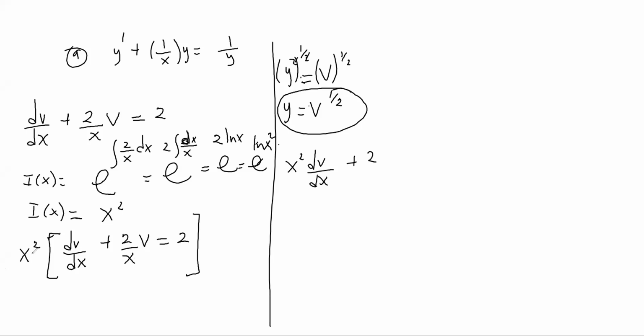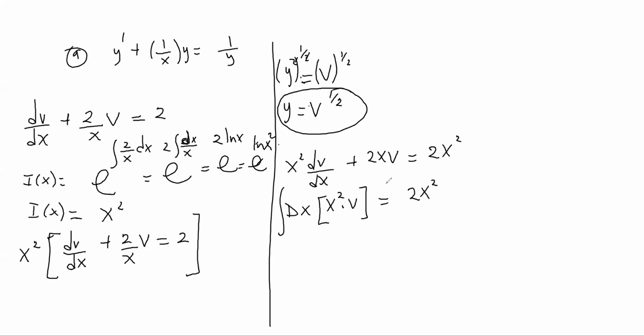So I will have 2x v will be equal to 2x squared. So what I'm going to do, you know that this is the derivative of this. So on d of x here, I will have x squared times v will be equal to 2x squared.